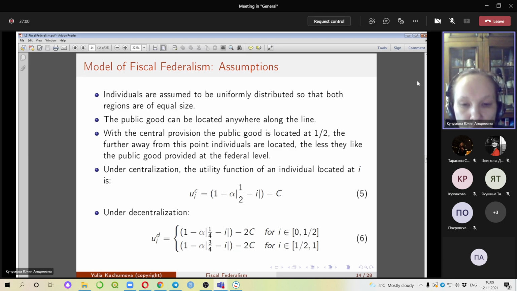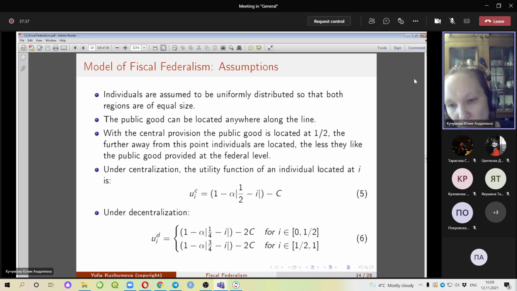Again, the same idea: what matters is the absolute value of the difference between the point 1/4, where the public good is located, and your location. And 2C, the cost of providing the public good, represents that it's basically the same public good, but there are half as many people financing it, meaning each person has to pay twice more.